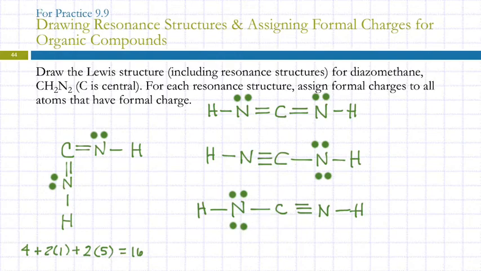So then we're supposed to assign formal charges. Carbon has 4 bonds in each of these. So in all of these, carbon has a 0 formal charge because it brought in 4 electrons and it's leaving with 4, because when we cut the 4 bonds, it'll have 4 electrons. So that's 0. The hydrogen's always 0. So let's look at the nitrogens.